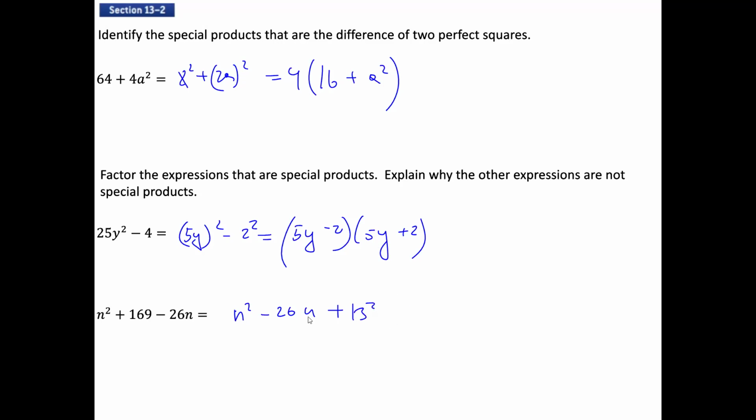Yeah. So I have the first element a perfect square, and the last element a perfect square. They are both positive. So let's see what's happening with 26. If I take 2 times n times 13, is that 26? Yes, so I can write n minus 13 squared.